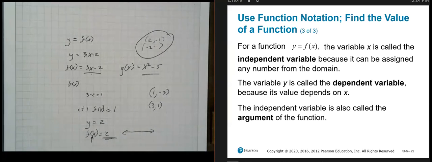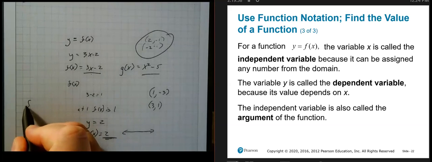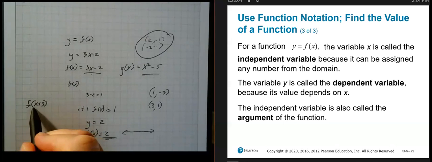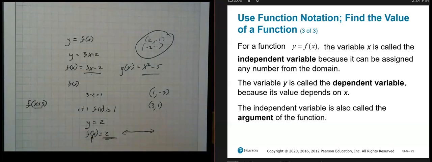Sometimes the argument is another expression. So if I want to find out what f of x plus 3 is, x plus 3 becomes the argument. So I replace my old x with x plus 3 in the function. And so now my argument is x plus 3.